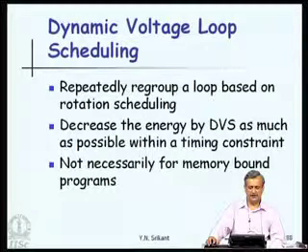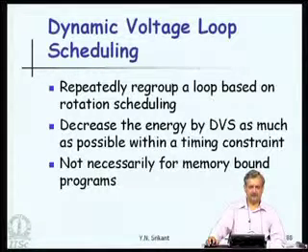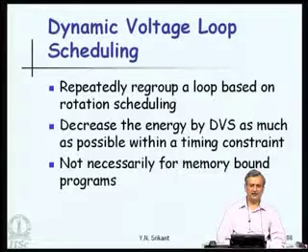Now, let us see how dynamic voltage loop scheduling is done. Why should we look at a different technique for loops? The reason is twofold. One is, suppose we have programs which are not necessarily memory bound.